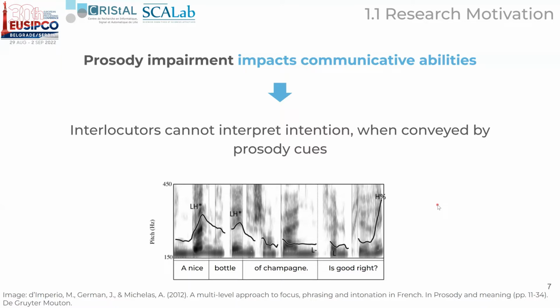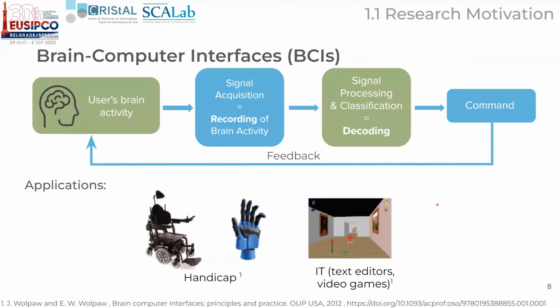Then how can we have access to imagined speech? We can use systems like brain-computer interfaces. A BCI is considered a closed-loop system, which consists of the recording of brain signals, their decoding, and their translation into a command to provide feedback to inform users about the recorded brain activity.